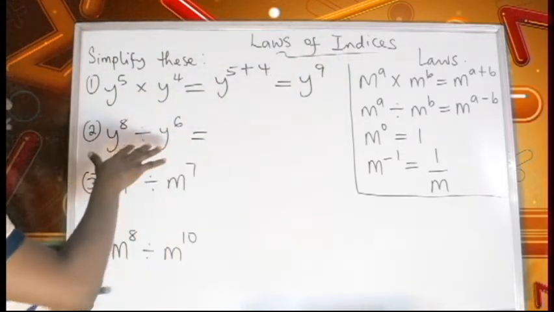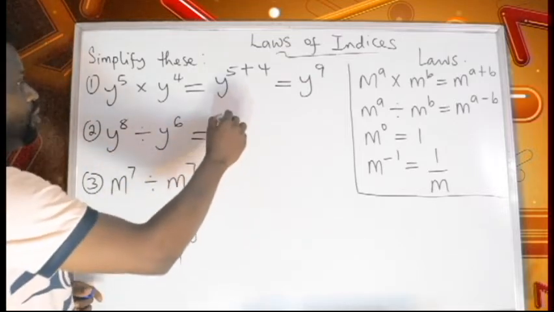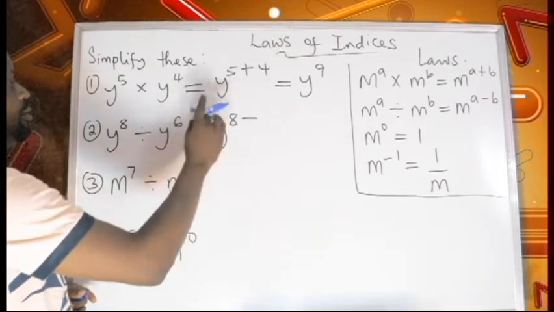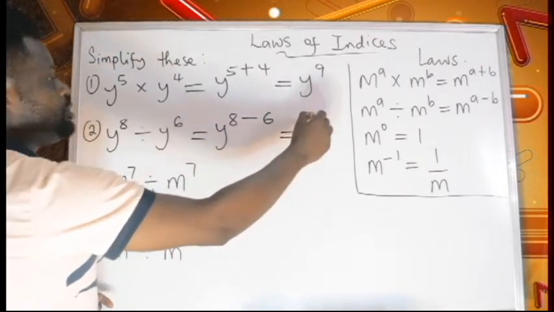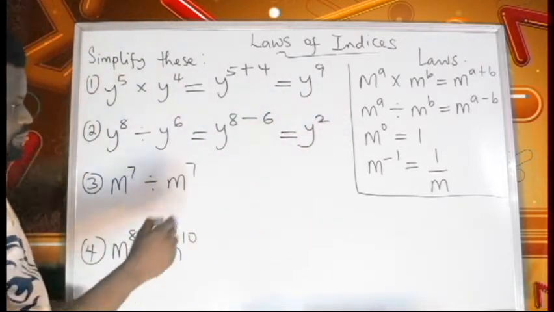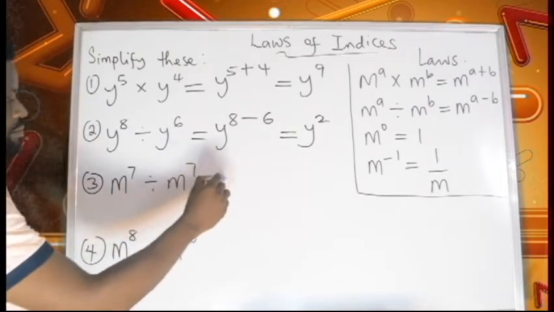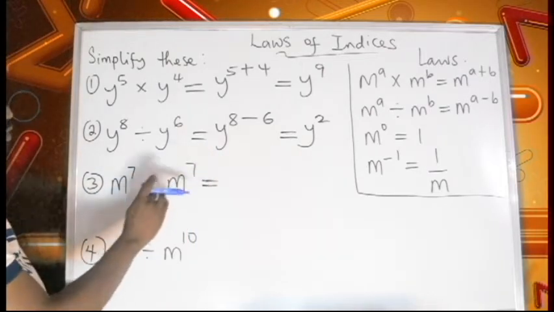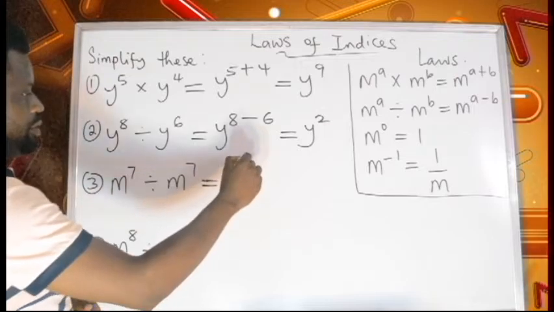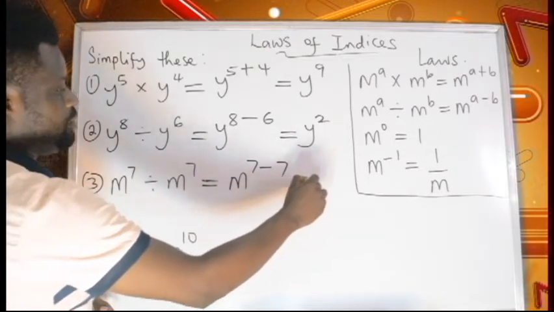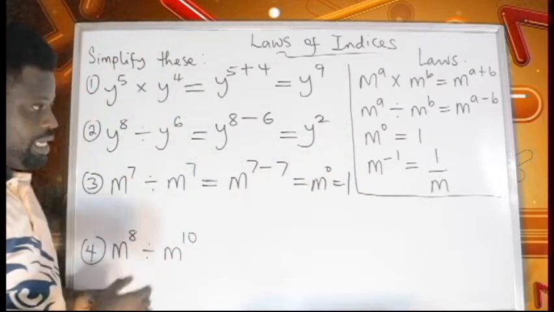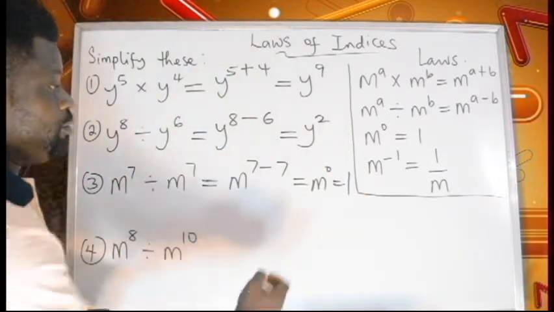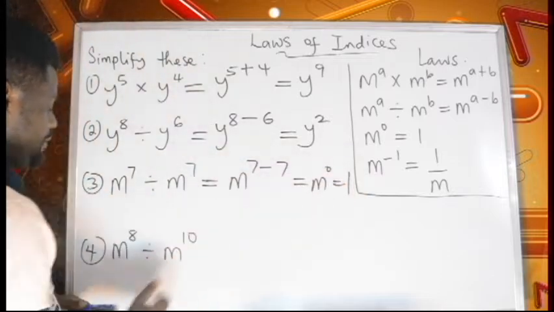Then the division, you minus the power, and that will give us 8 minus 6 is 2, and we are done. When you get to division, you minus the power, 7 minus 7, and that will give us m raised to power 0, and that's 1. Any digit or number or value raised to power 0 is 1.